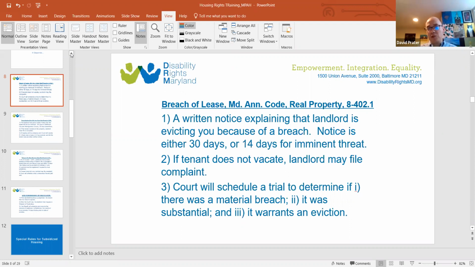Is that a substantial breach? That's something that a judge is going to have to decide, and he's also going to have to decide if it warrants an eviction. I think it would be fair to say the person's no longer living there, so what exactly is the issue? That's something that would need to be decided by the court.